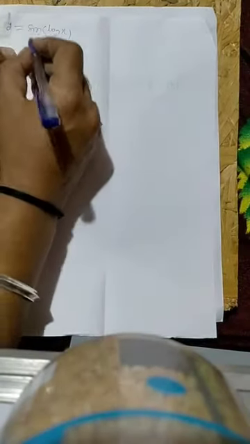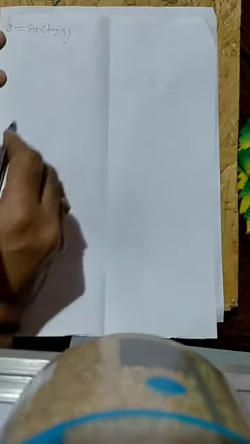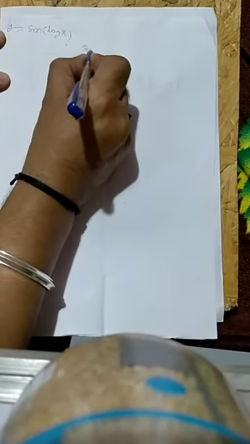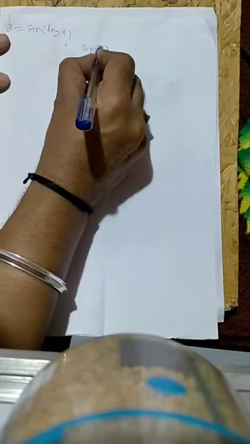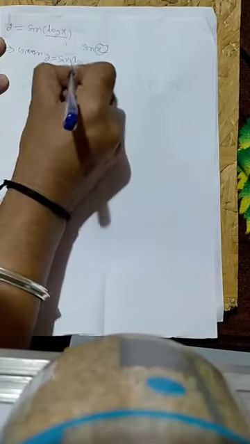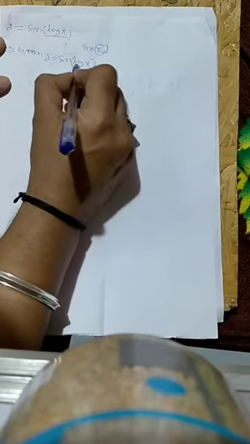Now here we know the formula for sine of x. In place of this x, the term coming is log of x. So we replace this log of x by u. So for this one, given y is equals to sine of log of x, instead of x, here is log of x.